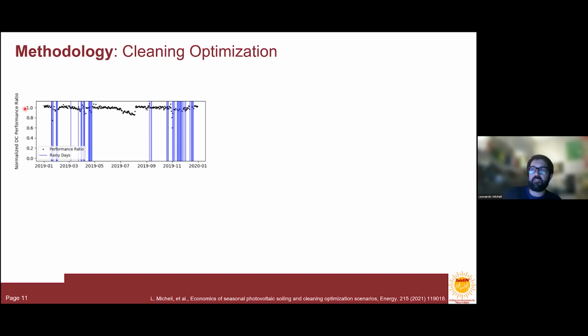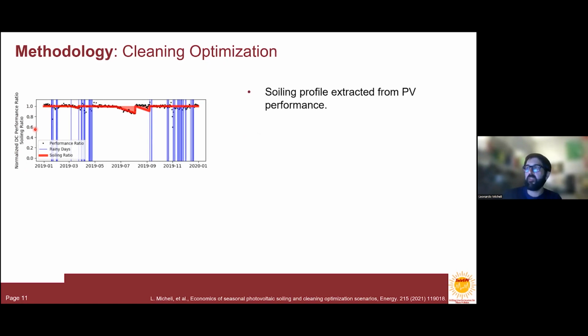We got a normalized DC performance ratio, which we can essentially use to calculate our soiling ratio. Again, we removed all the losses that were not related to soiling, and therefore by using the actual DC performance power, the normalized power ratio, we could extract a model soiling ratio, which is represented here in red. As you can see, the site has some rainfalls occurring during winter, while summer is quite long and dry.